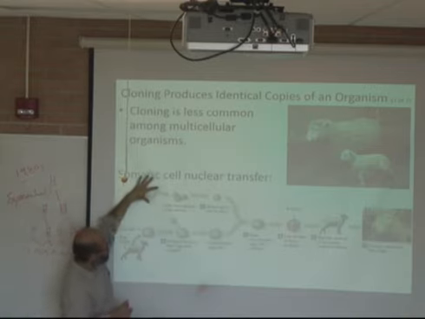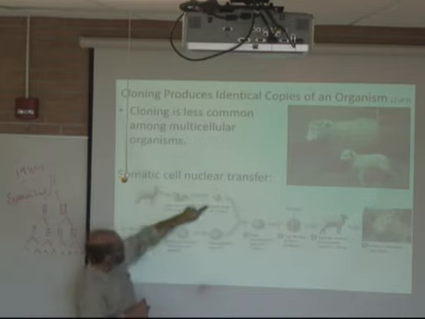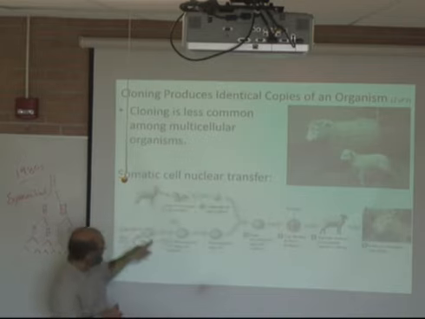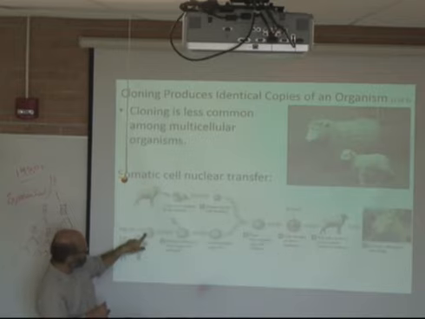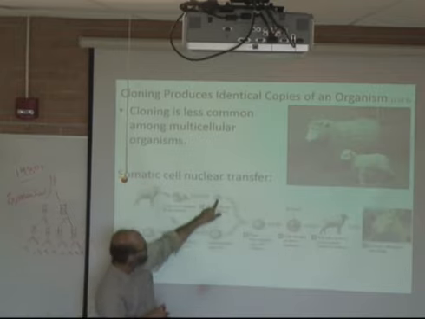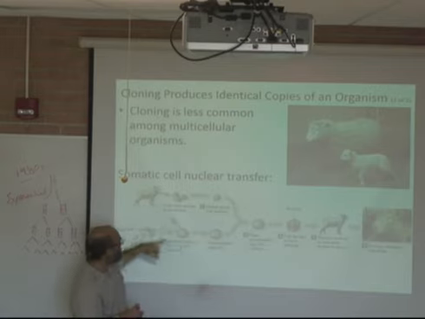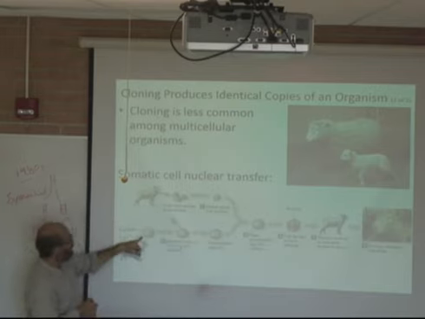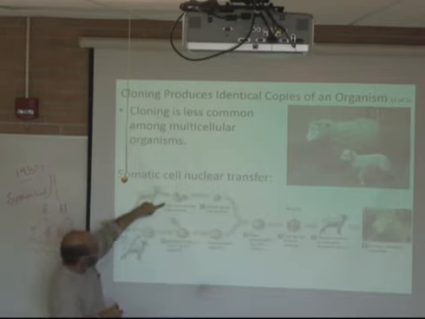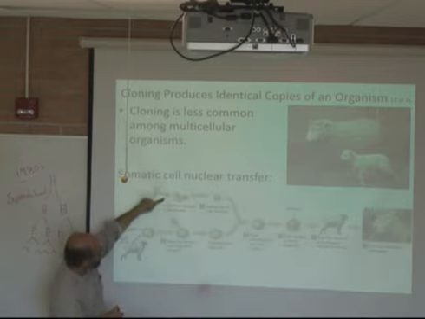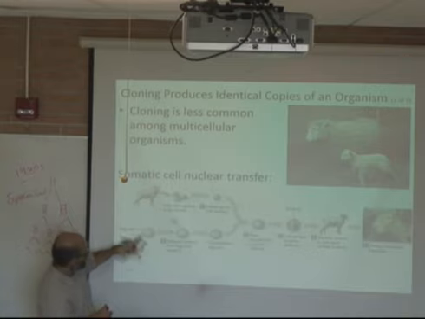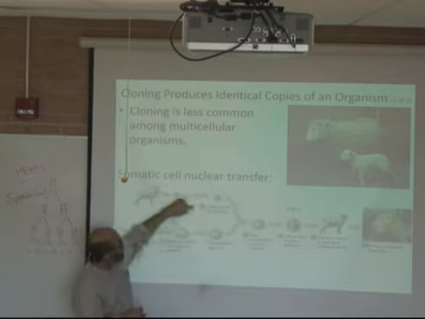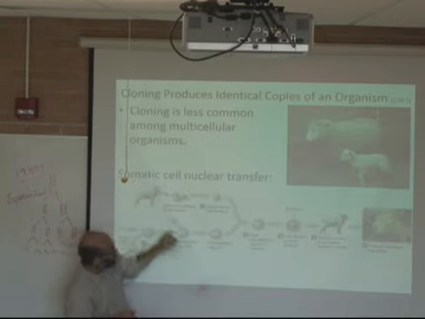From the cell they took from this sheep, they removed the nucleus, and the nucleus was isolated and inserted inside the egg cell. So they took the egg cell from the mom, and then they took the nucleus from another sheep, and then they put those two things together.